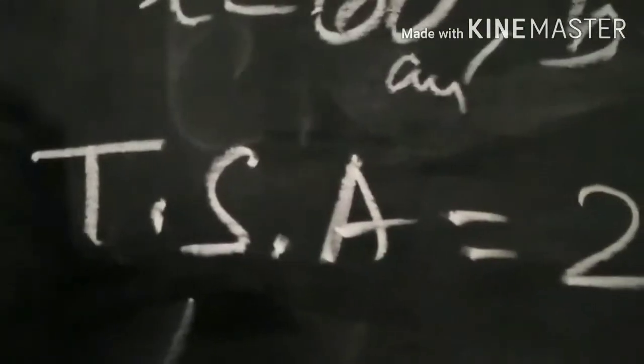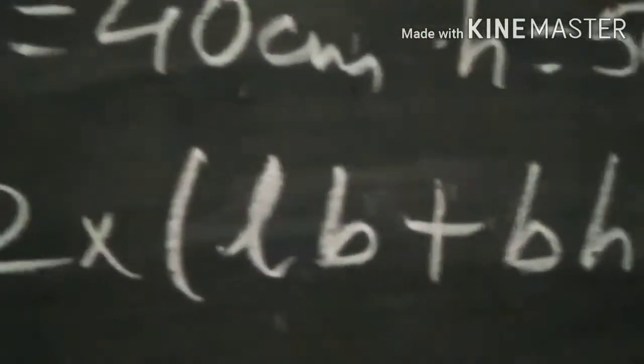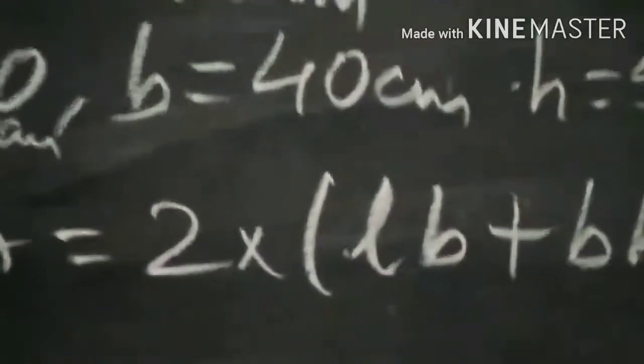the total surface area, and the total surface area is given by the formula 2 into (LB plus BH plus HL). So we have to put the values of length, breadth and height in this formula.